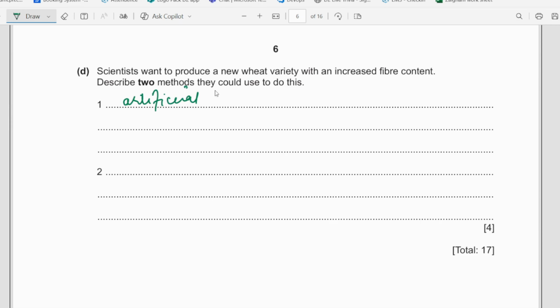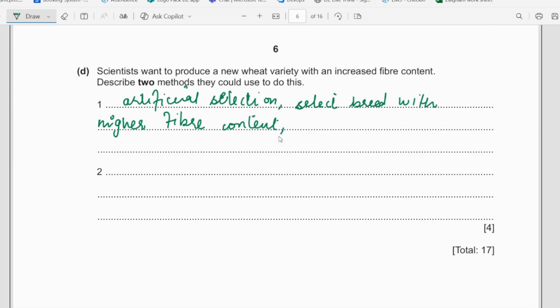So first you have suggested artificial selection. They would select a breed with higher fiber content, and then interbreeding. What is the second method?